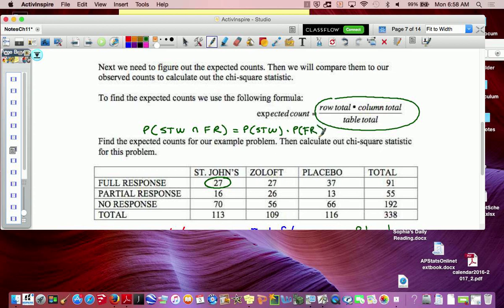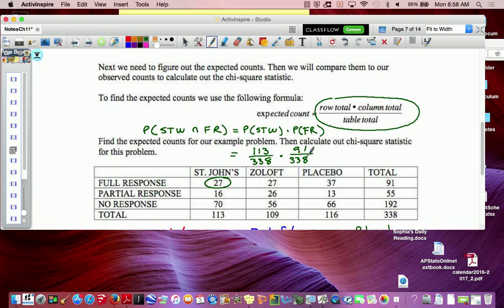So the probability of picking someone with St. John's wort is 113 out of 338, times the probability of them having a full response, there's 91 full responses out of 338.